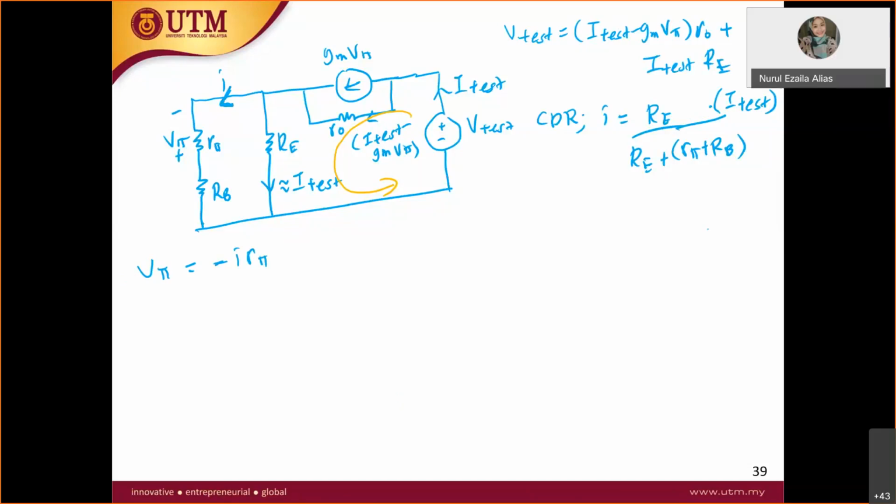So here V pi is equal to, put everything here where you already have the current portion I. Therefore V pi here is equal to negative, and then you have RE over RE plus R pi plus RB, and then you have here R pi, because it's times R pi here.